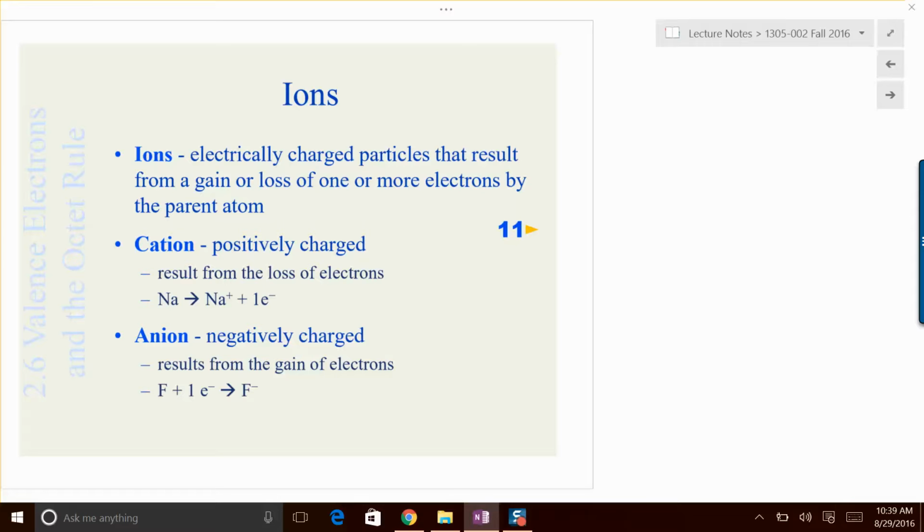So if I gain electrons, what charge do I have? A negative charge. If I add electrons, I'm negatively charged. So a positive comes from losing, and a negative comes from gaining. It's all confusing, right?